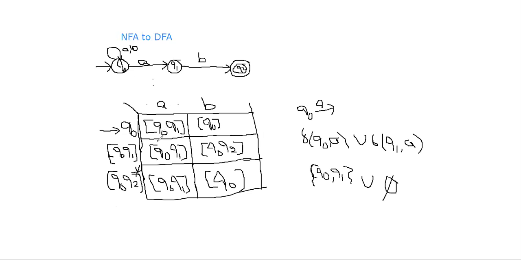So for any NFA, we construct a DFA by starting with the initial state of the NFA and applying transitions on symbols. Here we have A and B; in some NFAs we may get zeros and ones, then apply zero and one transitions from Q0.